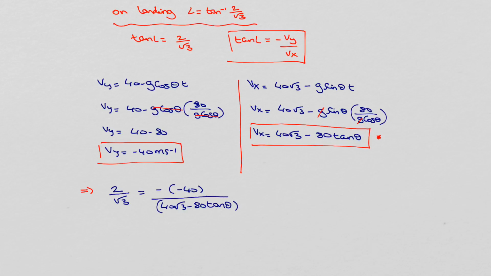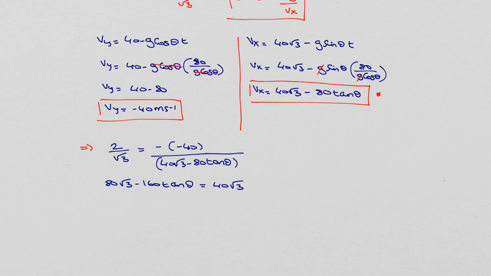And then if I cross multiply there, I'm going to get 2 times 40 root 3 minus 80 tan theta. So that gives me 80 root 3 minus 160 tan theta, and that equals then minus 40, which is just plus 40 times root 3.